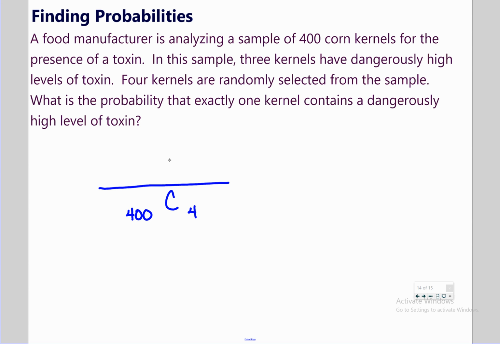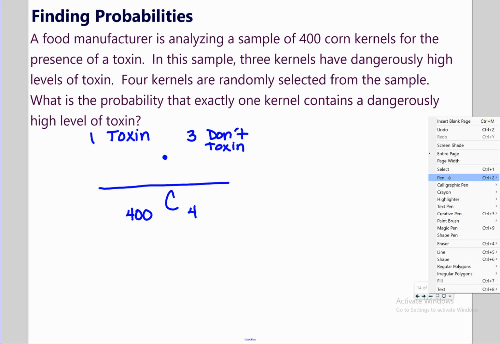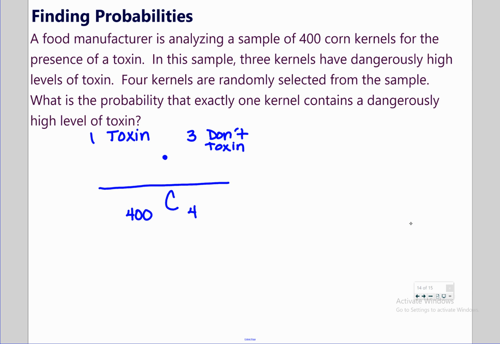The other 3 then will not have the toxin. So you're going to have 2 different sets of information in the numerator. Ways to choose the 1 with the toxin, and ways to choose the 3 that don't have the toxin. How many kernels in the set of 400 have a high level of toxin? 3.